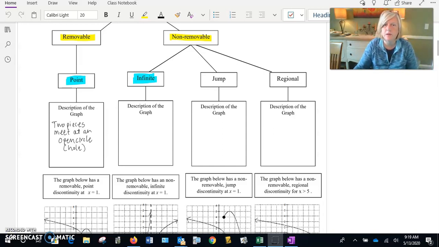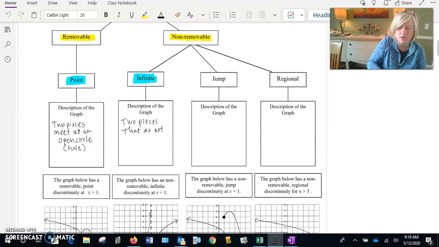Right? And then the difference with the infinite discontinuities that we saw is that there are two pieces of the graph that do not meet. The reason they don't meet is because the function f of x goes, or approaches, I like that word better, plus or minus infinity.